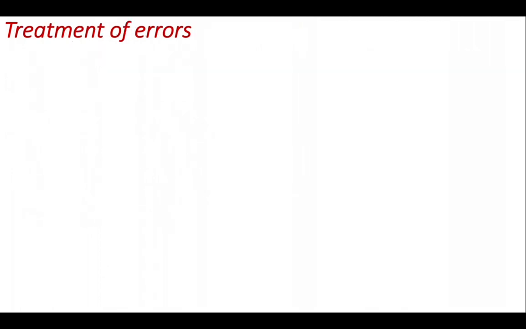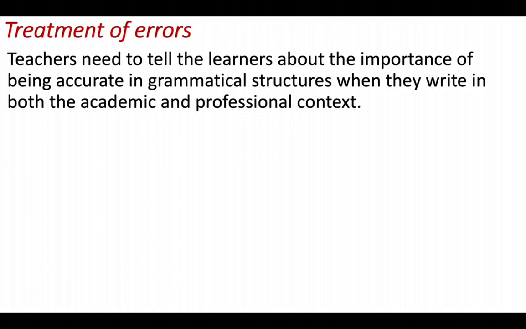Now we are moving on to another aspect when it comes to grammar in language teaching, and that aspect is treating errors. How do we treat errors in our classroom? Teachers need to tell their learners about the importance of being accurate grammatically when they are writing, let's say, in a professional context or academic context, or even a relational, friendship context.